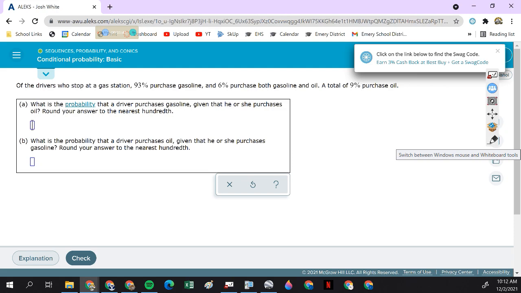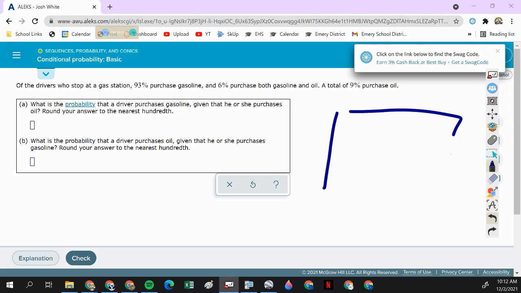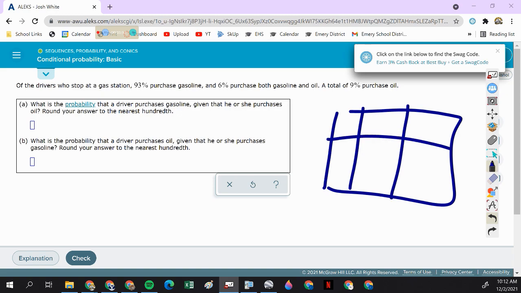Of the drivers who stop at a gas station, 93% purchase gasoline, 6% purchase both gasoline and oil, and 9% purchase oil. So we build our table, and we do oil, no oil, and we do gas and no gas.